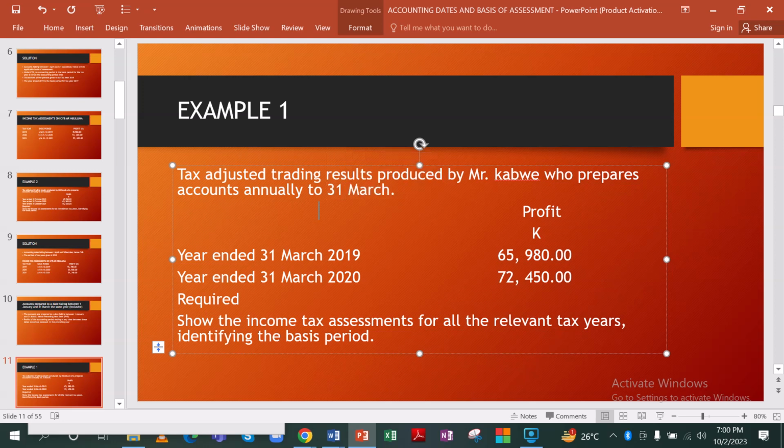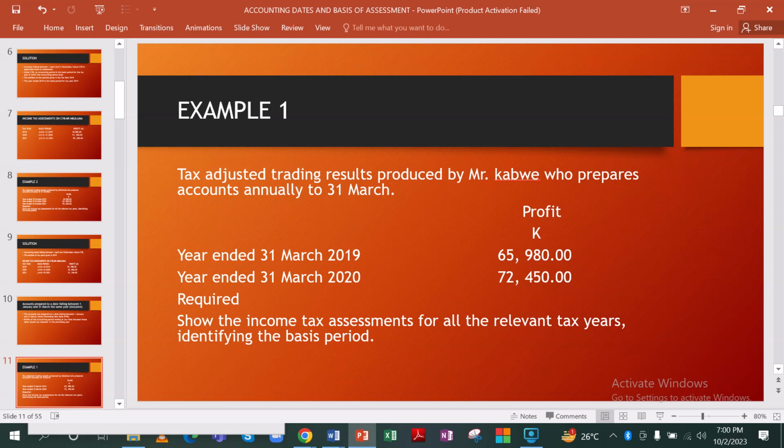Already we are able to tell that this is going to be a preceding year basis, because the rule is very clear. Once the accounting date falls between 1st January and 31st March of the same year, you have to use the preceding year basis of assessment. So this is what is going to obtain here. Year ended 31st March 2019, 65,980. Year ended 31st March 2020, 72,450.